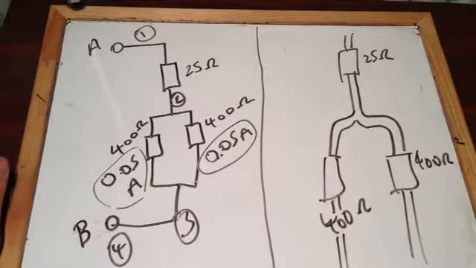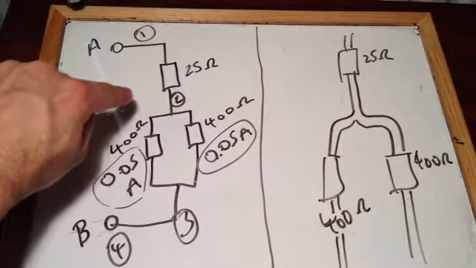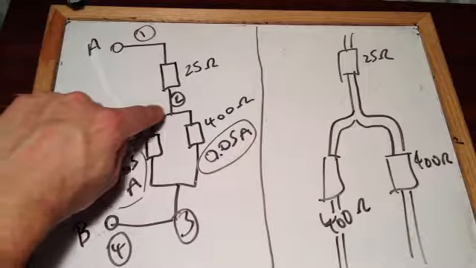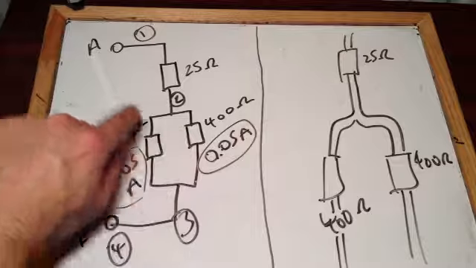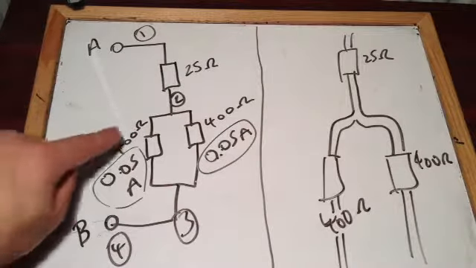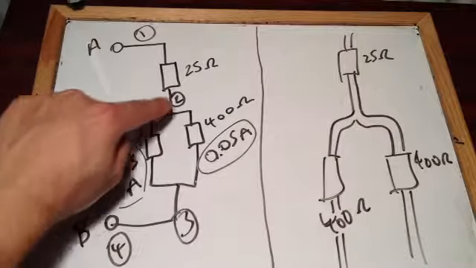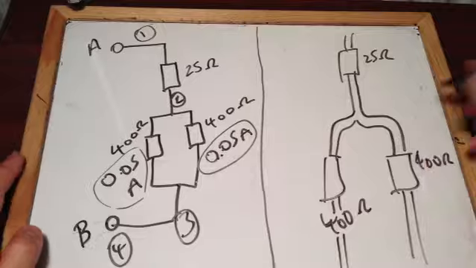Like the mountain pass, if one path had high resistance, less current would go down it, and if one had low resistance, more current would go down it. But in this case, both pathways are exactly the same, 400 ohms, so you'd expect the current to split equally down both pathways. And this is exactly what happens.